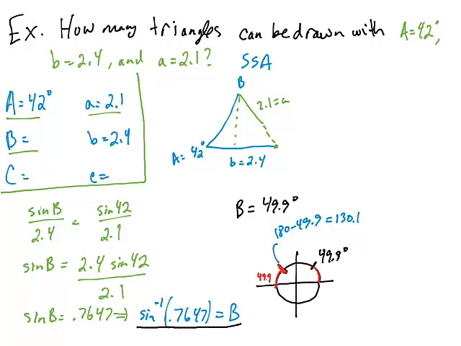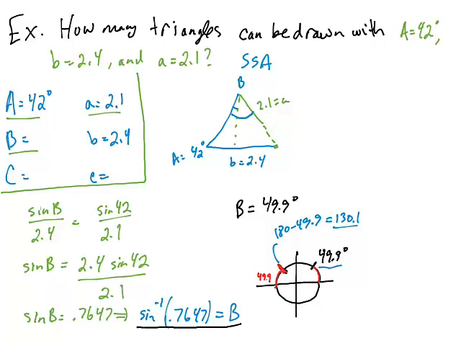So what this is saying is there are two possible angles. We could have this little angle here that's 49.9 degrees, or it's also possible that we could have this big angle that is 130.1 degrees. So let's see what happens.